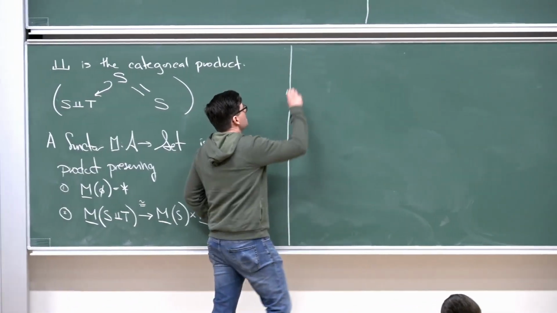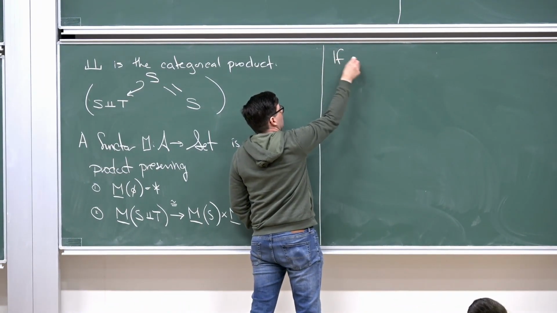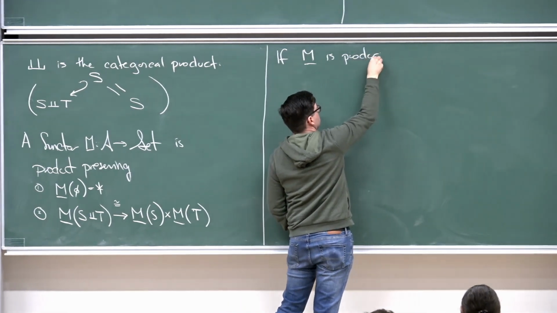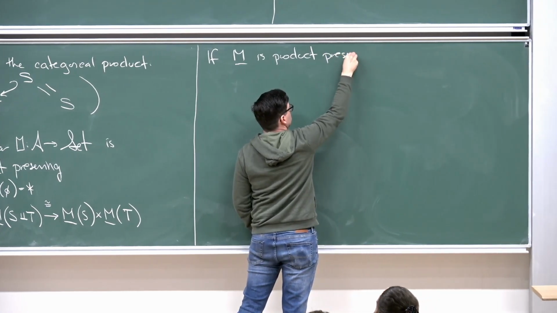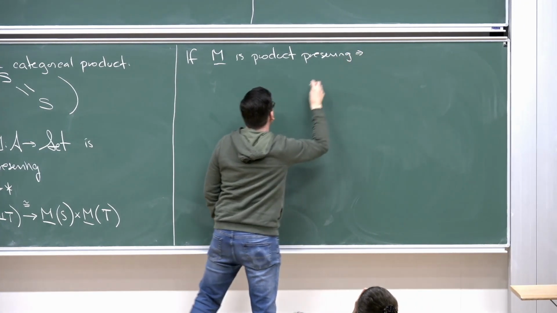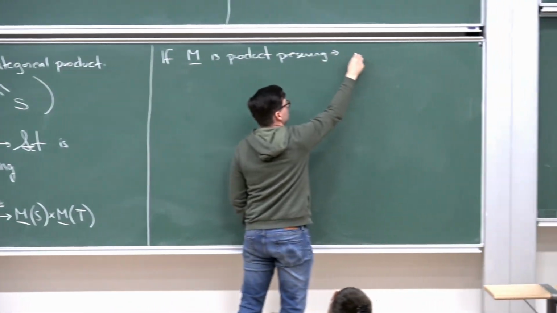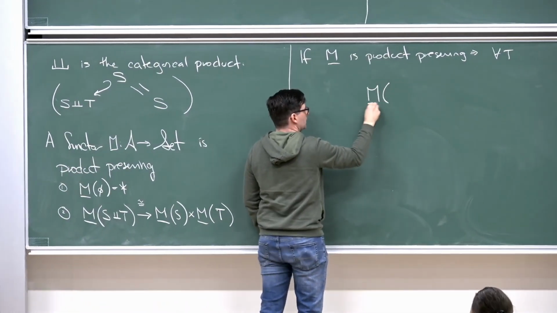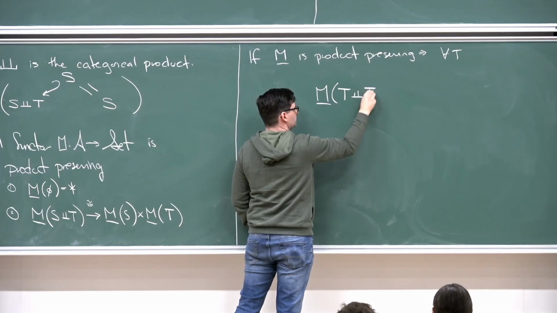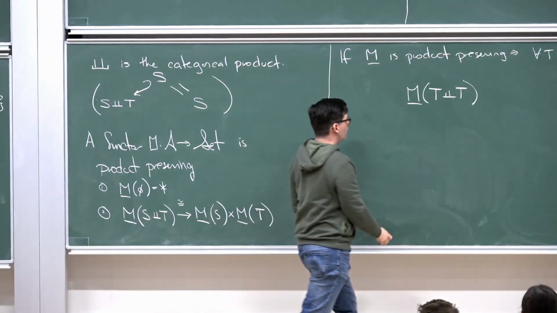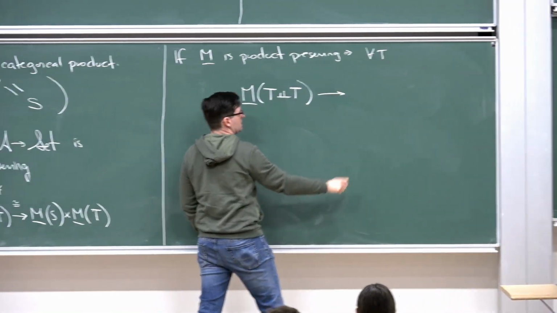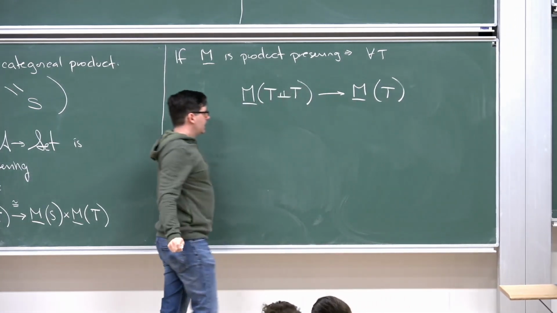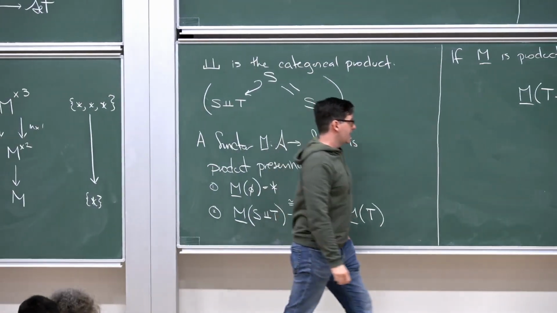So, if M is product-preserving, then I have, for any T, well, I can look at M of T disjoint union T, and there's a fold map from T disjoint union T back to T. So I can just take M of the fold.